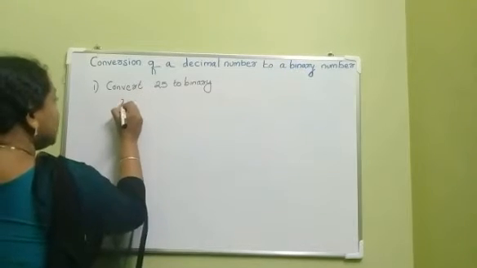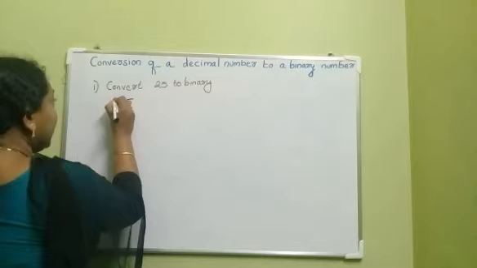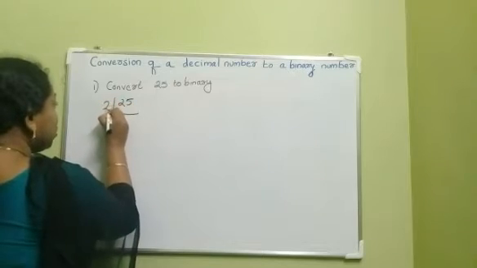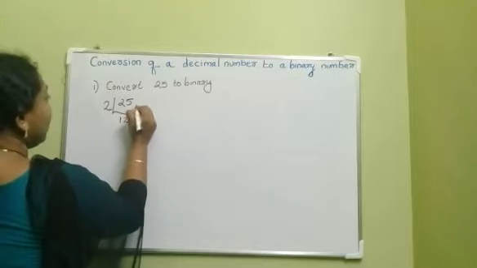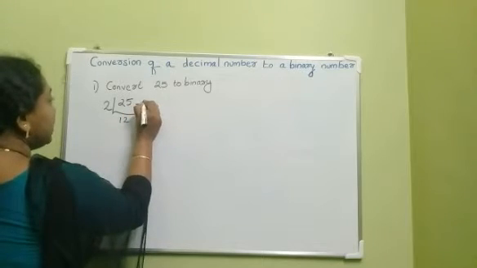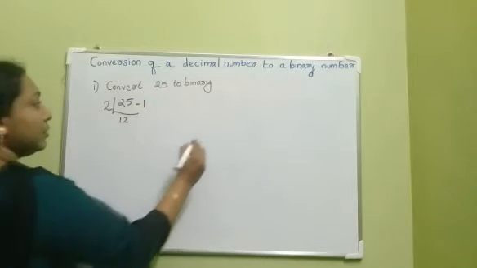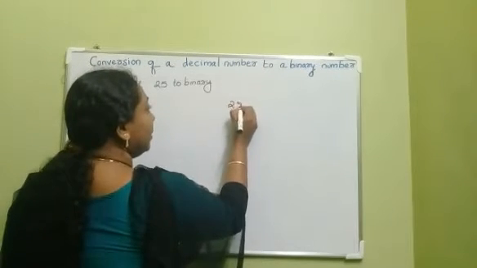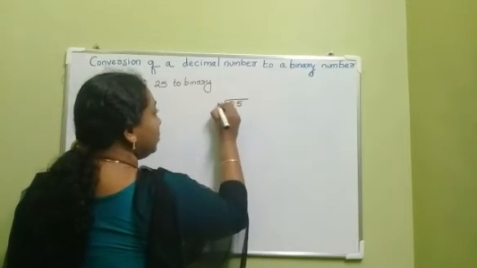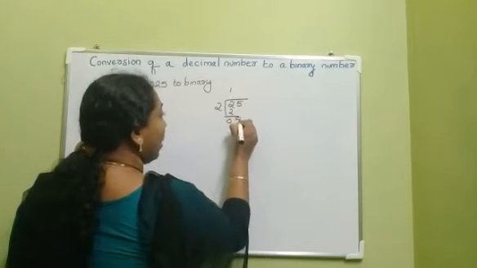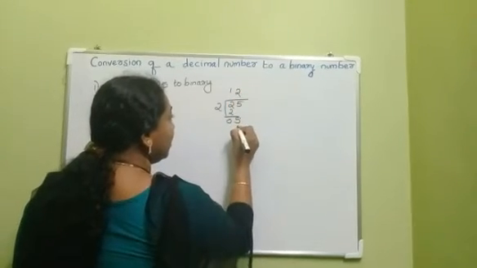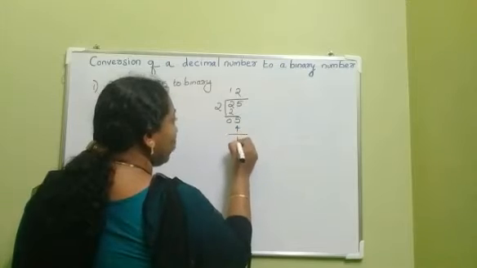25 divided by 2. 12 twos are 24, remainder 1.